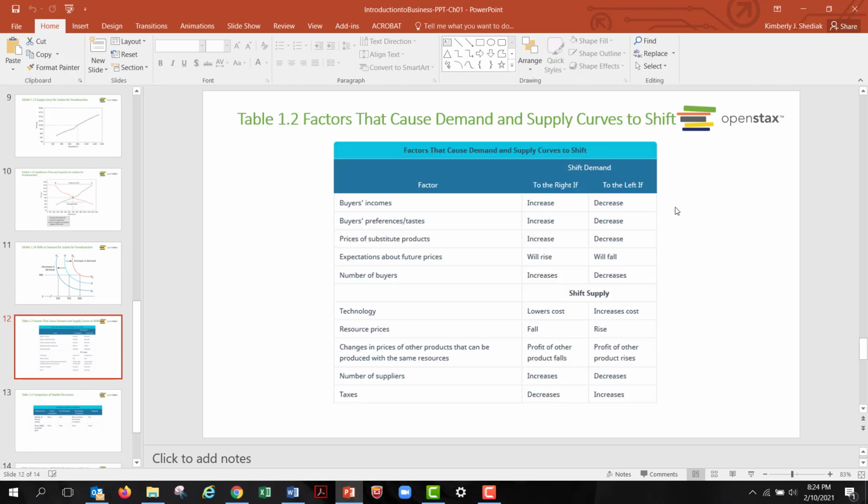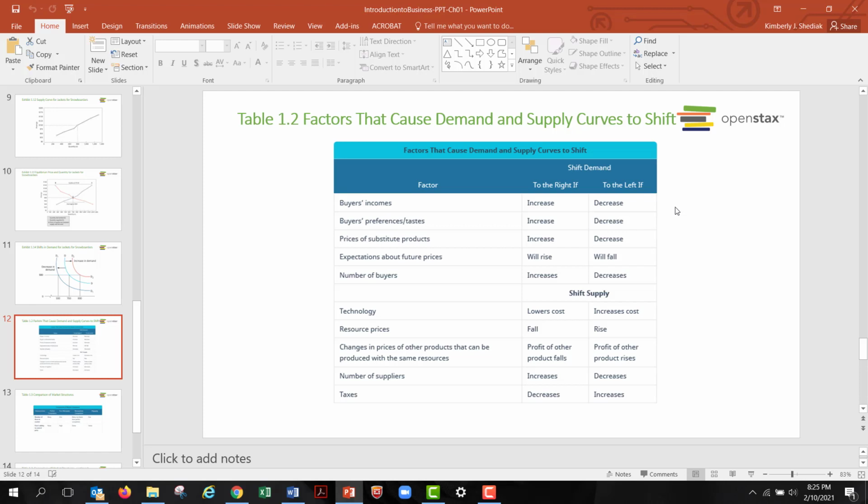So what factors cause demand and supply curves to shift? There are many factors. You can see here on the left, the buyer's income, their preference, the prices of substitute products. So if I can get that same type of jacket somewhere else, that's going to affect that demand.